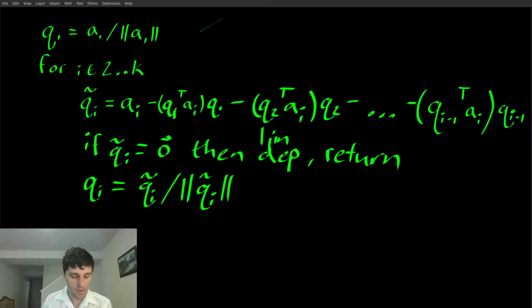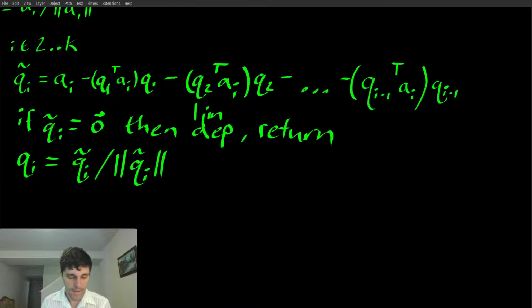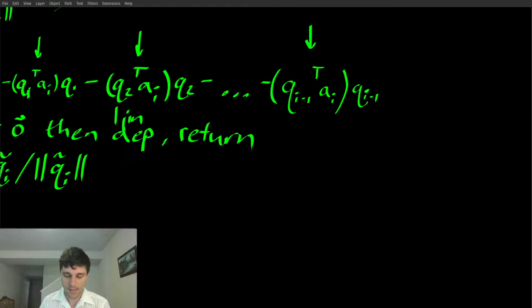Okay, so for each i in 2 to k, we do this big sort of normalization step, right? And first of all, it has i minus 1 inner products, right? And each one of these inner products needs vectors of length n, so we have to do n multiplications and then n minus 1 additions, right?